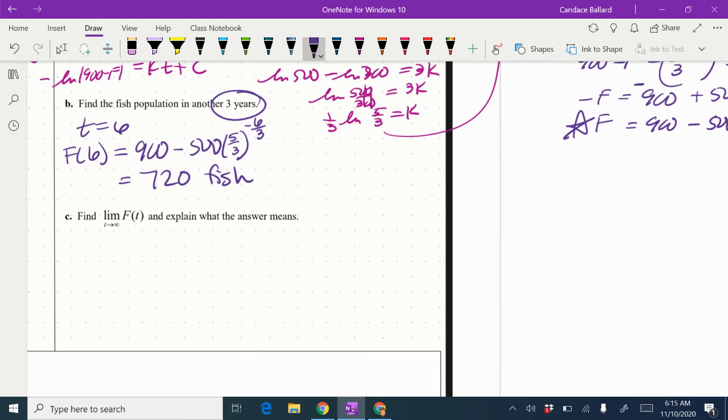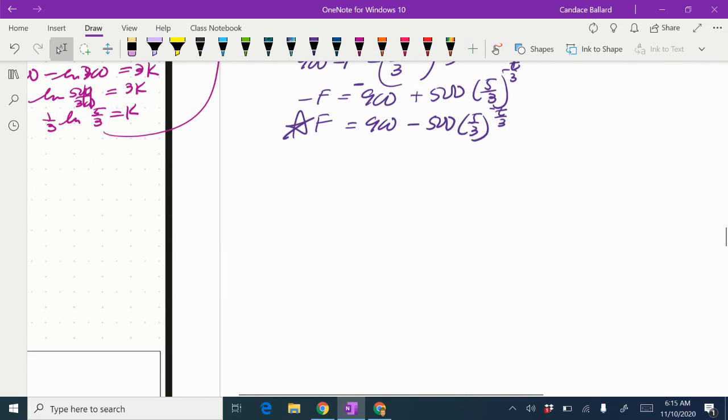Now it wants me to figure out the limit as we approach infinity and explain what the answer means. So I am going to do something fancy over here, which I could have done earlier. Because this is a negative exponent, what it really means is that I could have made a negative exponent on these, and that means I could flip where they're at.